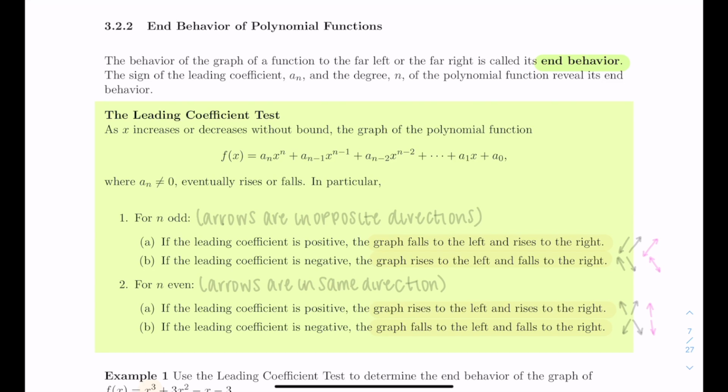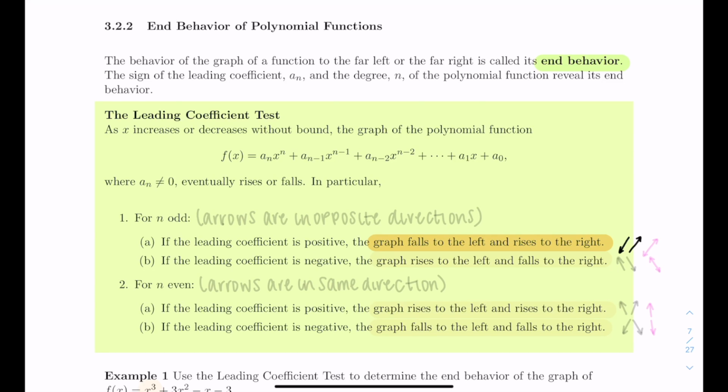So if n is odd, we have two different cases. If the leading coefficient is positive, then the graph falls to the left and rises to the right.